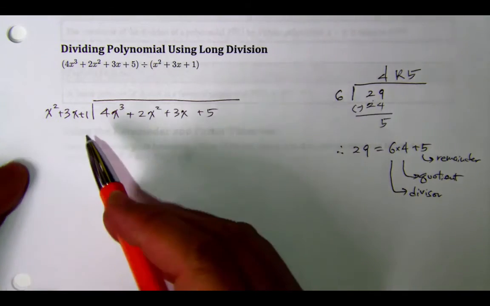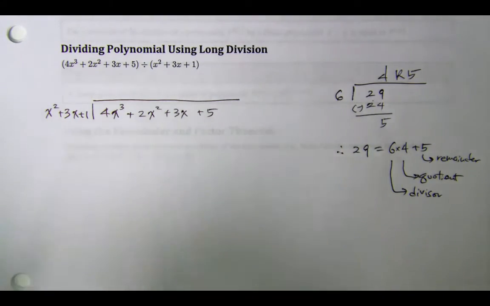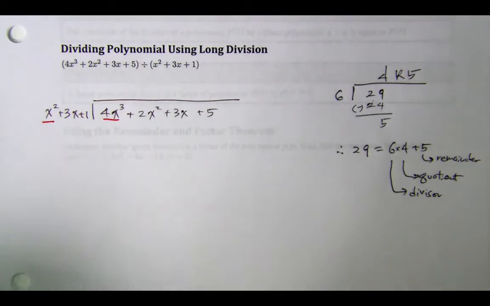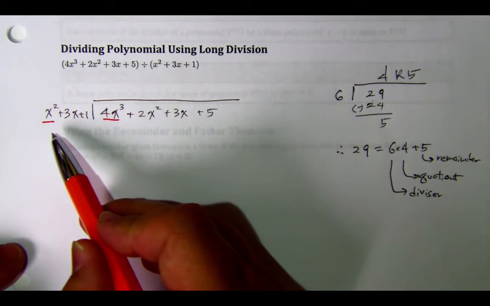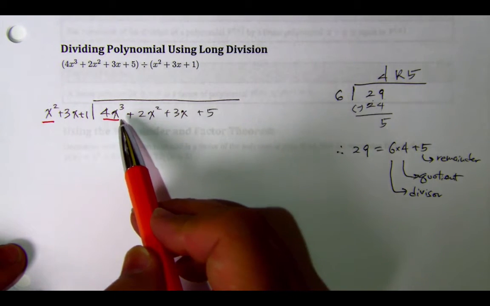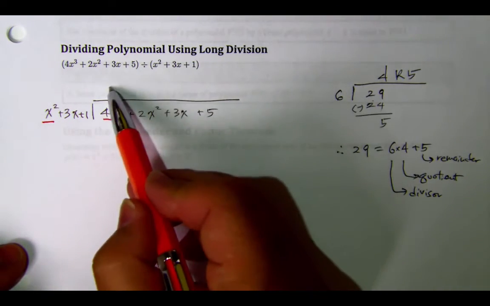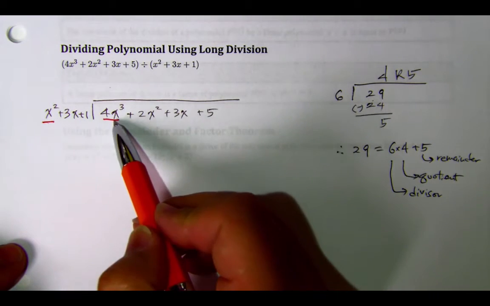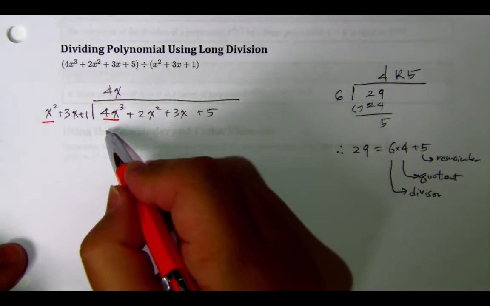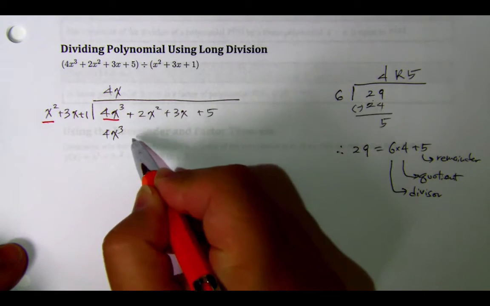The only thing that you have to worry about is the leading terms for both the divisor and the polynomial that you're dividing into. So the question is, how many times does x squared go into 4x cubed? In other words, what times x squared gives you 4x cubed? And that is 4x.